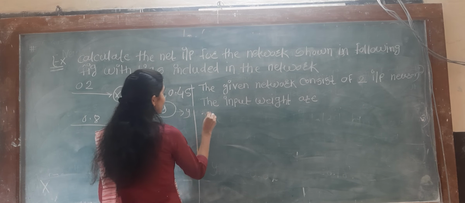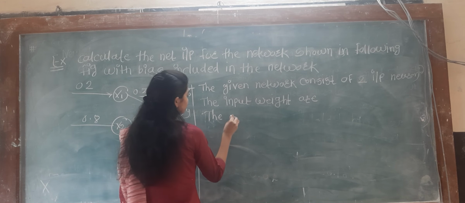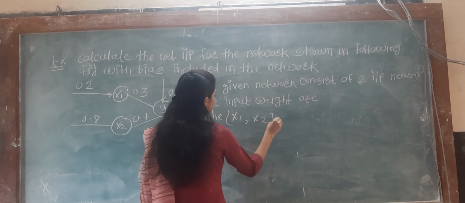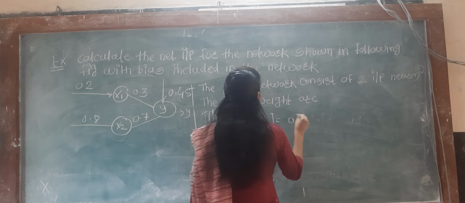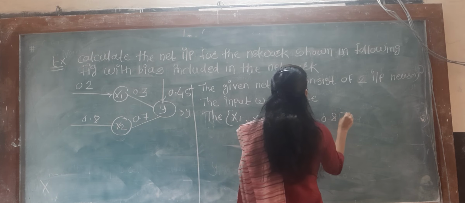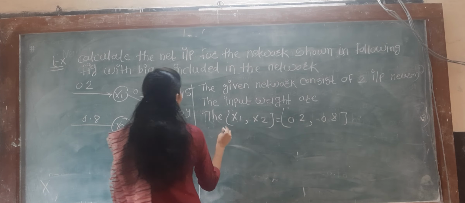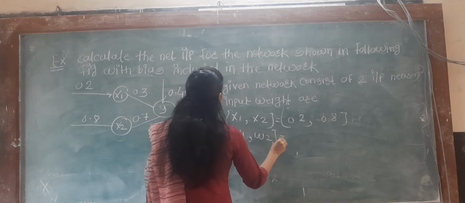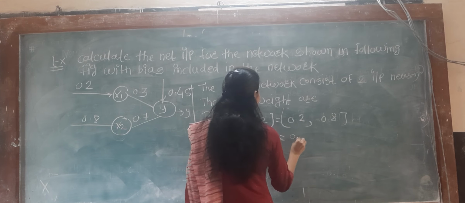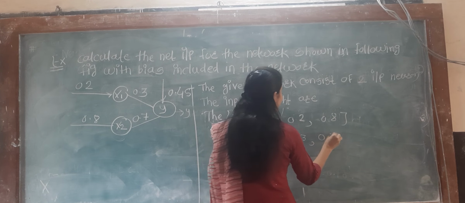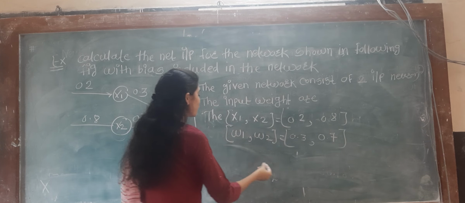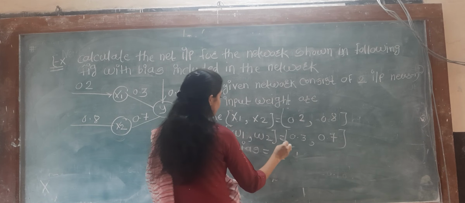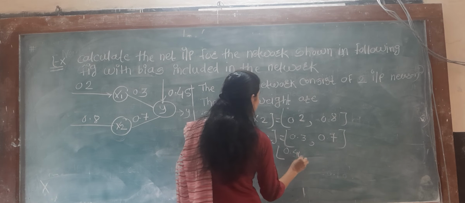Then as given, x1, x2 are 0.2, 0.8, and their associated weights w1, w2 are 0.3, 0.7, and the bias is 0.45.